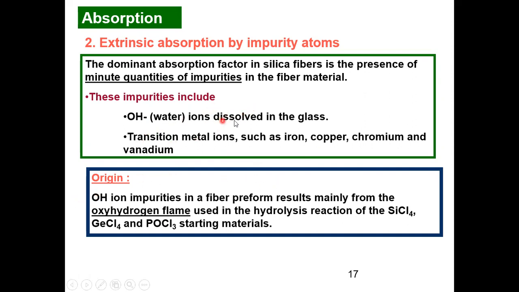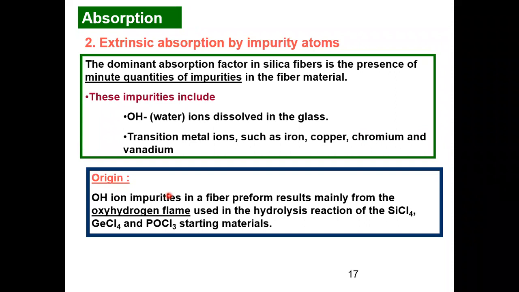Now you might ask, where did the OH ion come from? OH ion impurities in the fiber preform result mainly from the oxyhydrogen flame that was used in the hydrolysis reaction of SiCl4 or GeCl4 or POCl3 starting material. That oxyhydrogen flame is there in all the fabrication techniques, except the plasma activated technique, where instead of an oxyhydrogen torch, we used a plasma inside to generate the heat to melt.